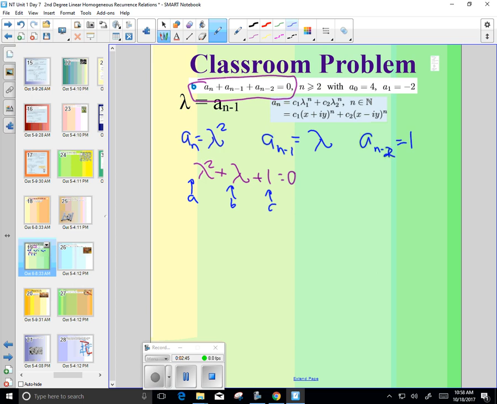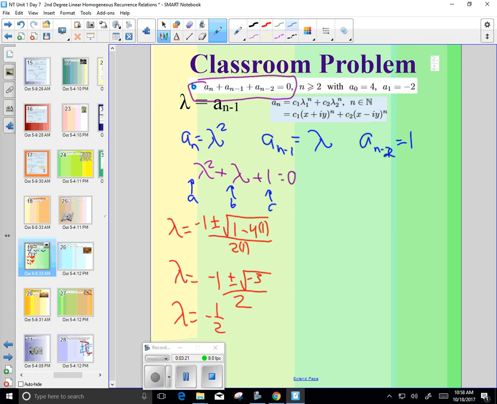And you're going to go lambda is equal to minus 1 plus or minus the square root of 1 minus 4 times 1, all over 2 times 1, which is going to be negative 1 plus or minus the square root of negative 3 over 2, which actually is something that we can recognize. This is negative 1/2 plus or minus square root of 3 over 2 i.